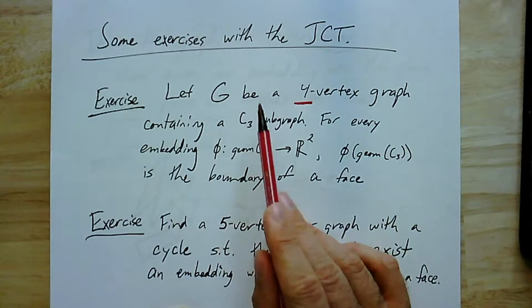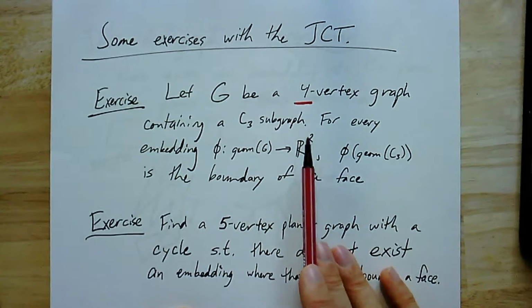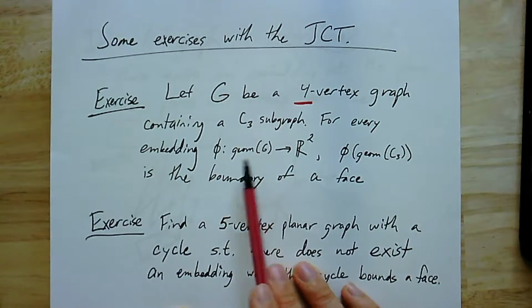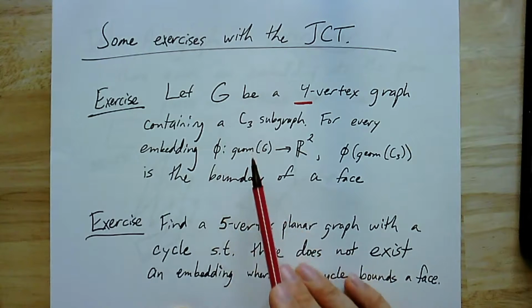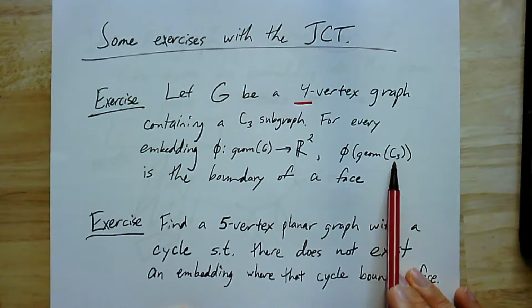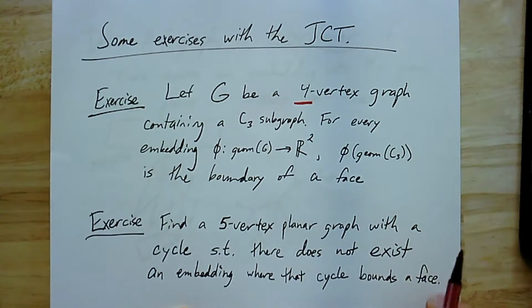I'm just talking about a subgraph that's a cycle with 3 edges, 3 vertices. And the claim is that every embedding of that graph, so you take this graph with just 4 vertices, every embedding of it, that 3-vertex cycle, the triangle, is the boundary of a face.